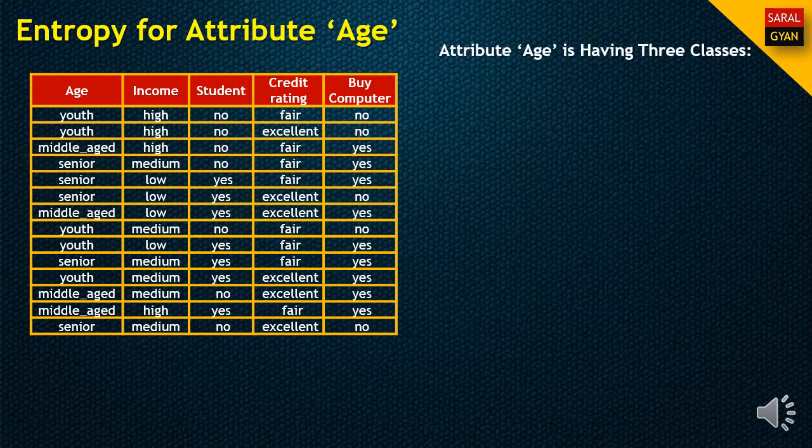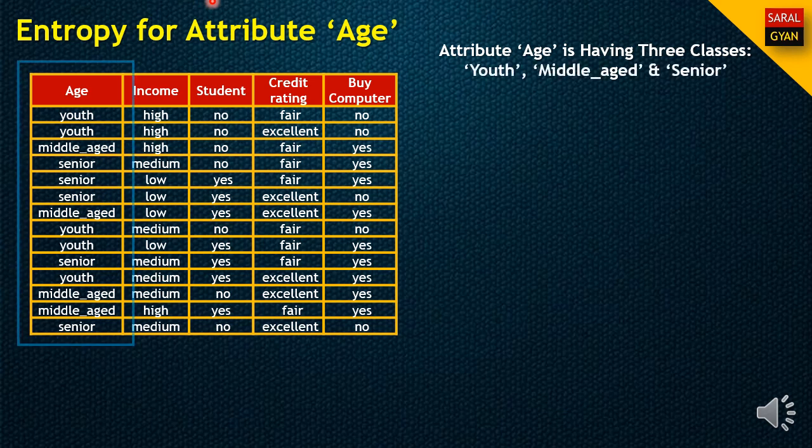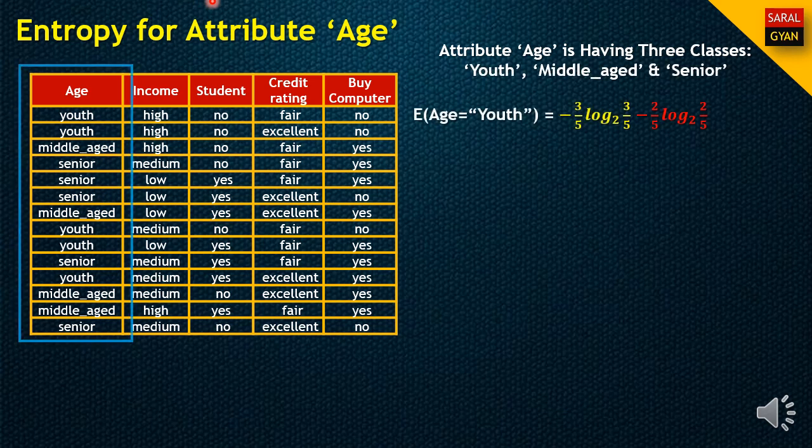If we look at this attribute age, there are 3 classes: youth, middle aged and senior. So age has 3 categories of data.